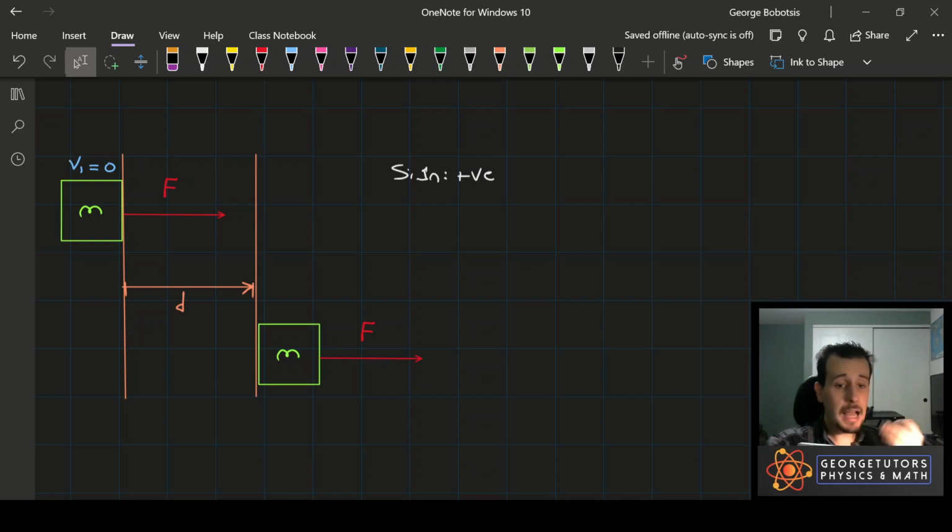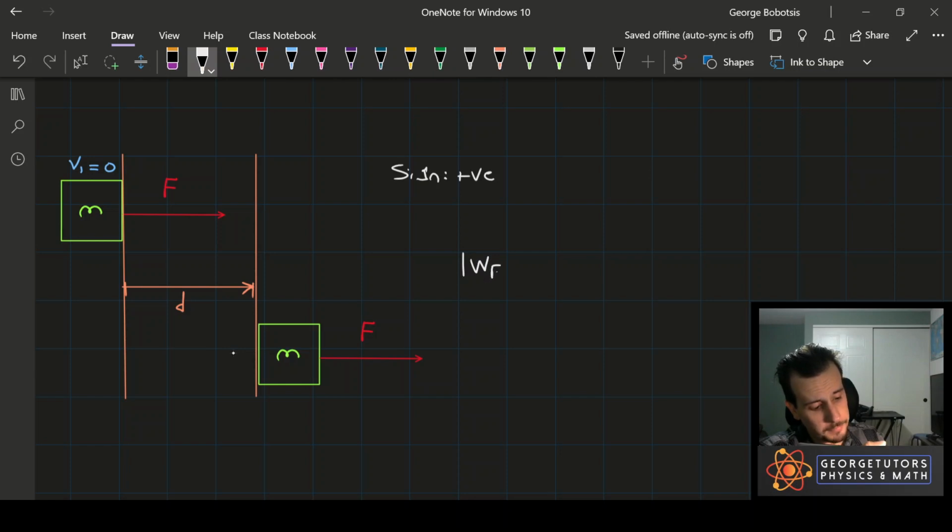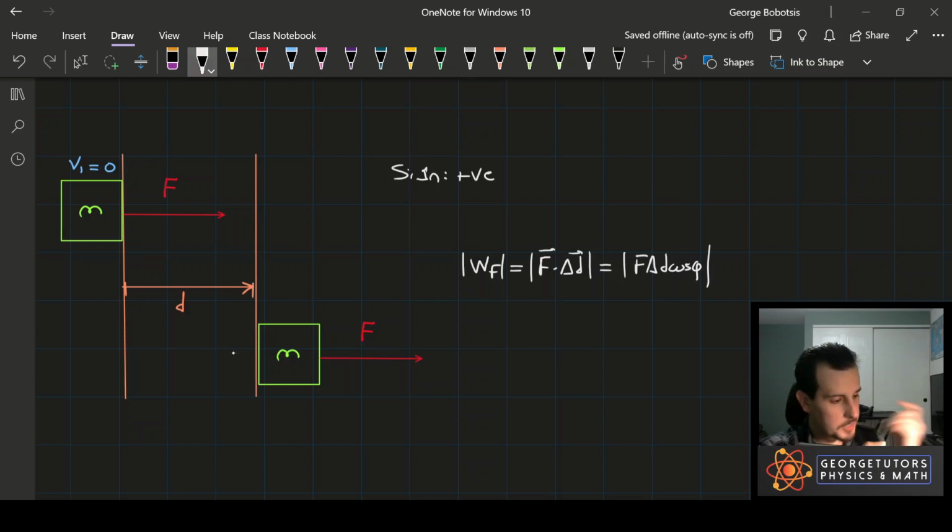But if I want to find this work done, I can apply the simple dot product definition of F dotted with delta D, which we've seen before opens up like this: F delta D cos phi. Now again, the force is parallel to the displacement. Therefore, this is an angle of 0 and the cosine vanishes. So really, what you have is F delta D.